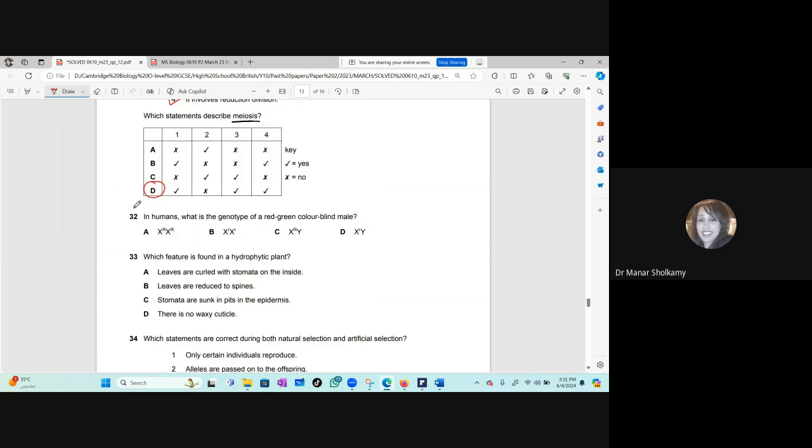Okay, good. 32. In humans, what is the genotype of a red-green color blind male? Now remind me, what is the feature of red-green color blindness? Color blindness, this is which type of disease? We took it in inheritance. It's a genetic disease. Not only is it genetic, it's linked. Yes, it's sex linked. What does sex linked mean?